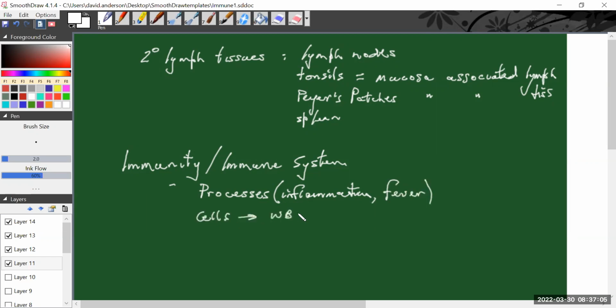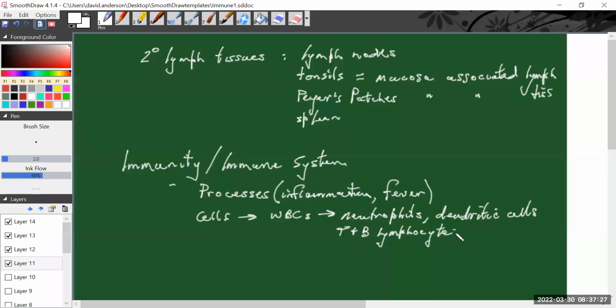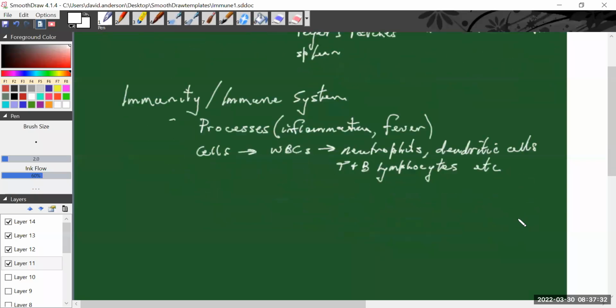Most of those are white blood cells with names like neutrophils, dendritic cells, T and B lymphocytes, etc. And we've got chemicals.